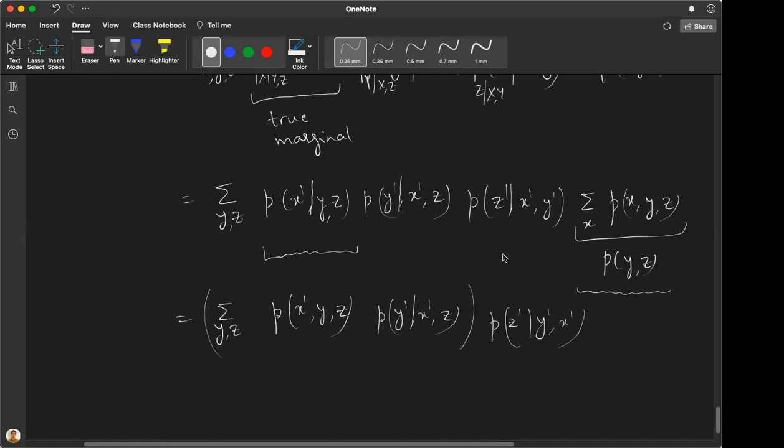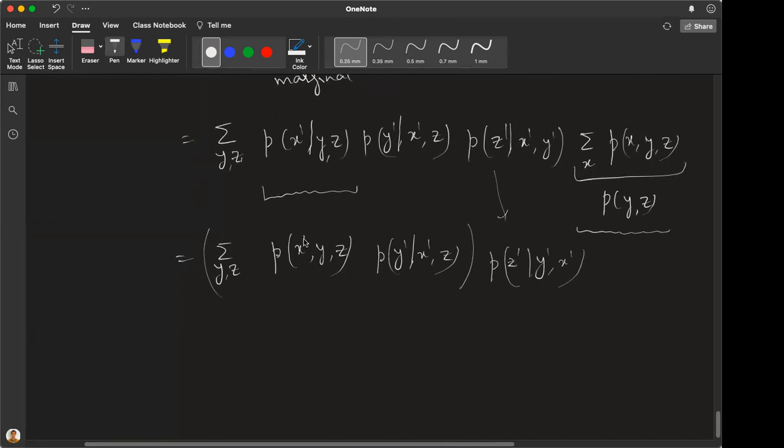This term as it is comes out. Now you see here, y is not there. This y is gone. So this thing and this thing merge to become P of x dash comma z, because y can be summed over, so only summation over z remains.